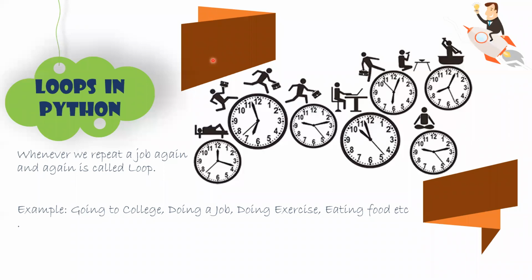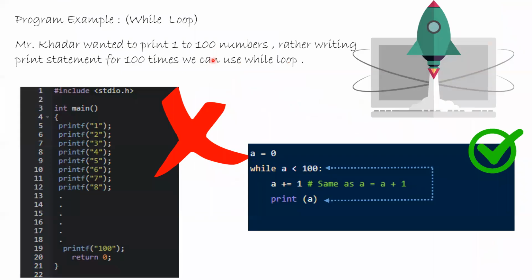So one last topic in this session today is loops. It is pretty similar to the conditional statements you have seen. Here we are going to look at two types of loops: one is while, the other one is for. For example, I want to print the numbers 1 to 100.